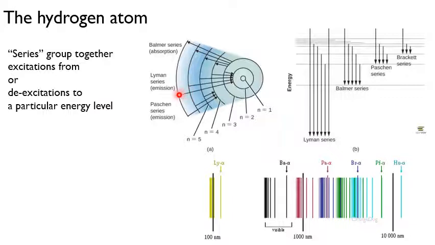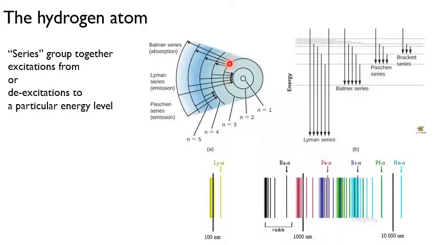So for instance, anytime an electron de-excites from an excited state down to the ground state, this is the lowest energy state, that is known as the Lyman series. And so if you de-excite and emit a photon, that is the Lyman emission series. If instead you were to absorb energy and leave the ground state and go to some other excited state, that's the Lyman absorption series.